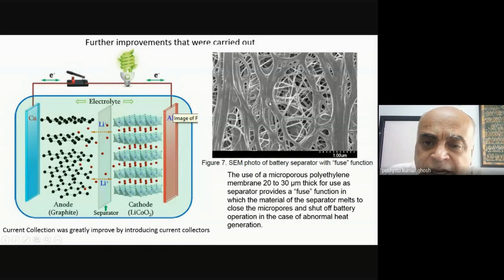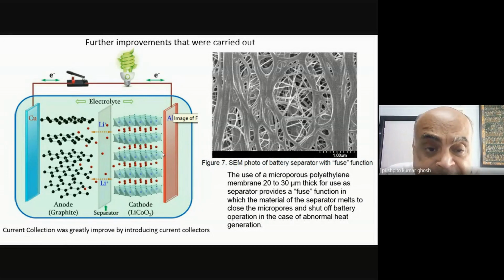It was not just a film of polyethylene, it was a very, very porous polyethylene. Big pores, not small, so that there is no problem for the electrolyte, solvent, etc. moving in and out of this separator. It was free to move as it wished.